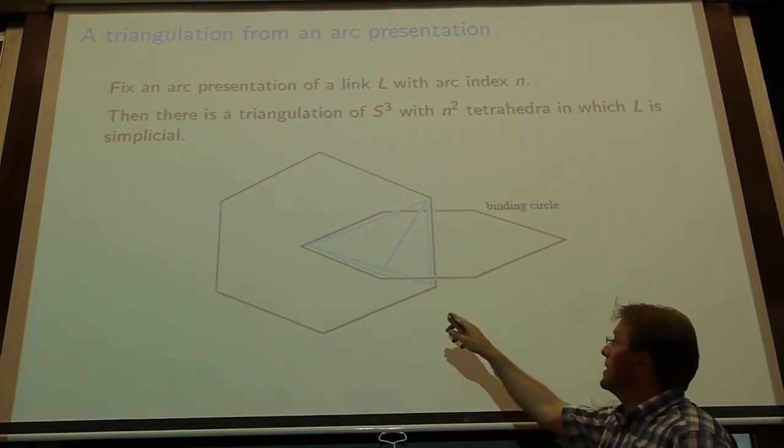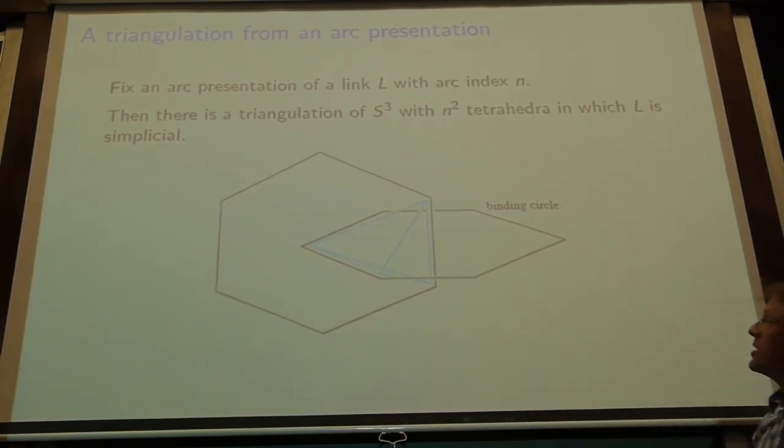A typical tetrahedron looks like this thing in light blue. It has n squared tetrahedra. So this is a triangulation of the 3-sphere in which the link turns out to be simplicial, and in which the binding circle is simplicial.